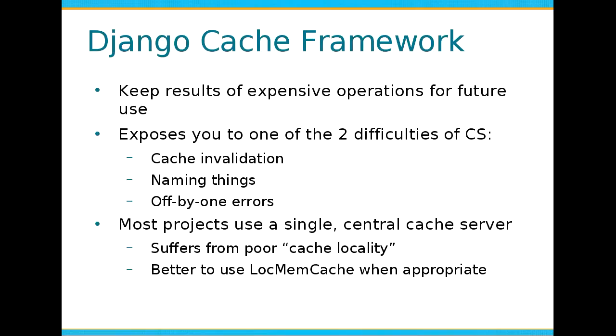The bigger issue is that most projects use a single central cache server. So we talk about the function of distance, and you talk about across the data center being 300 meters. If you're using Amazon, in their US East 1 Virginia data center, it's actually not a single data center.